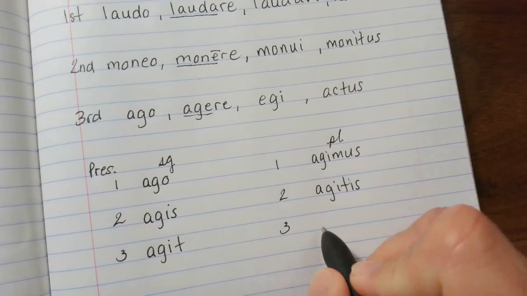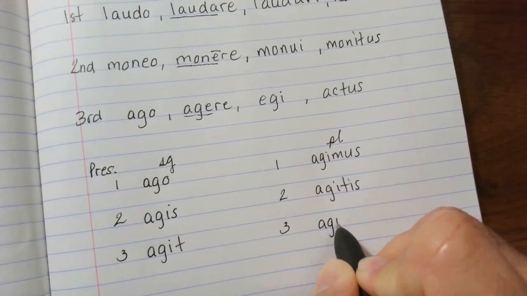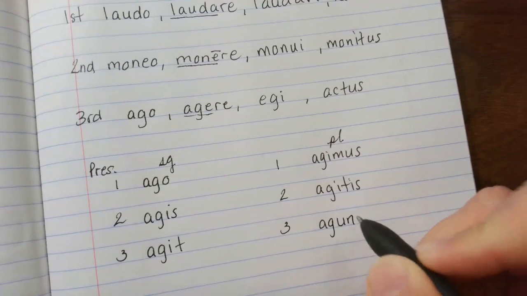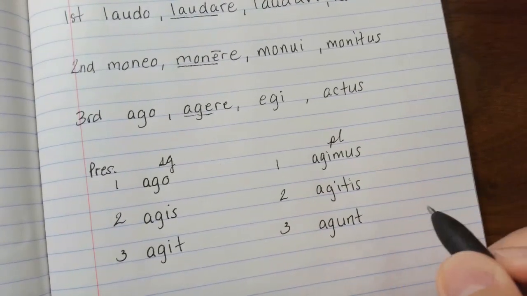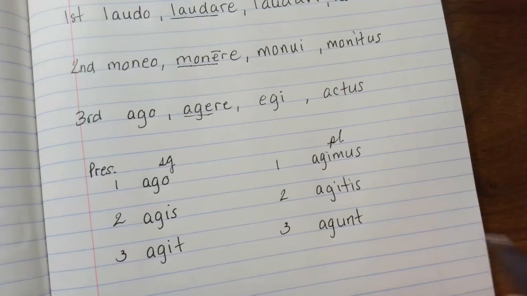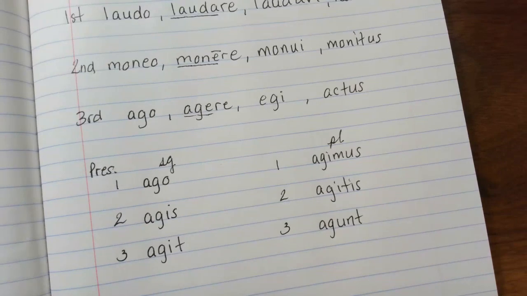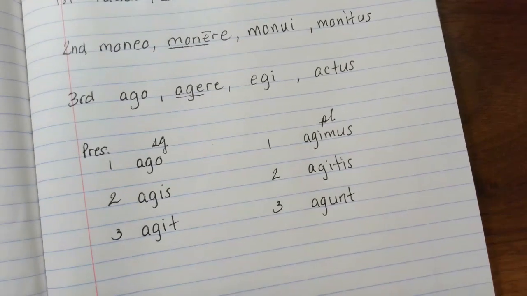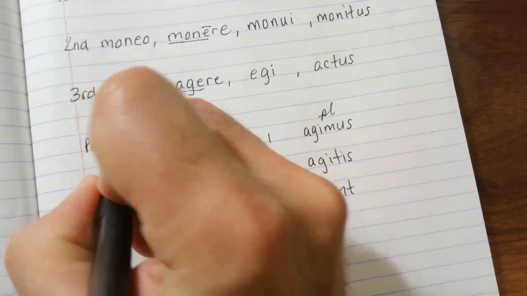Because that I changes to a U next to that nasal N. So we're going to have not agint, like you might expect, but if you understand phonetics, it's going to change to a U, okay? So agunt, okay? So that is the present indicative active.